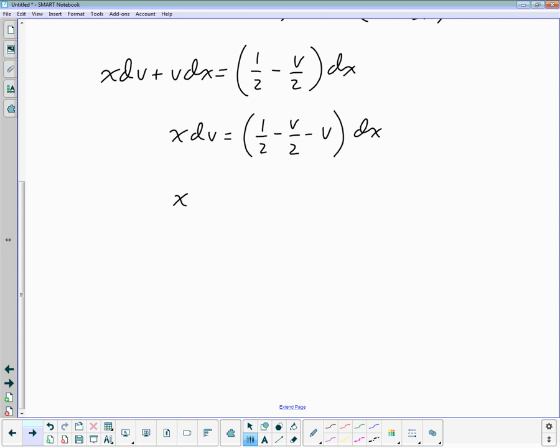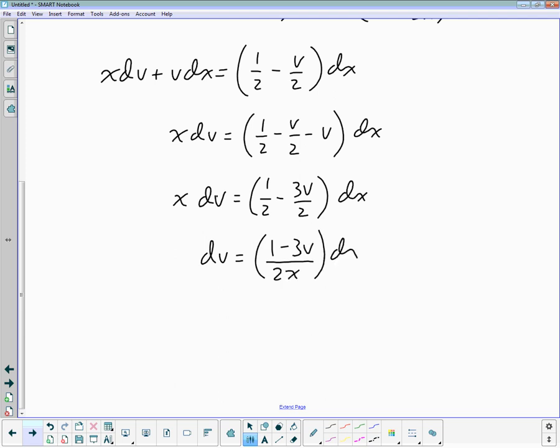I'm not a big fan of this book, but let's go through it anyway. Yeah, there we go. It comes out nicely. So we wind up with dv is equal to 1 minus 3v all over 2x dx. And you see it is separable.